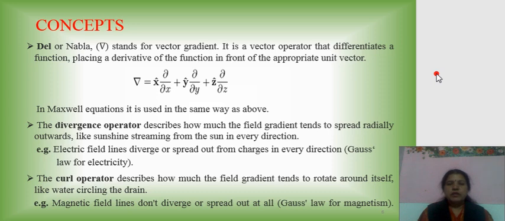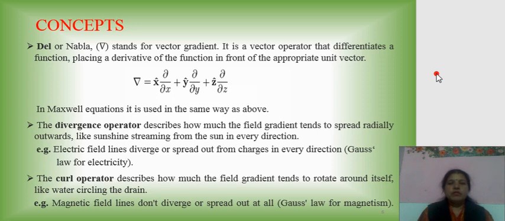That is used in Gauss law for electricity. What is the curl operator? The curl operator describes how much the field tends to rotate around itself, like water circling the drain. Example, magnetic field lines don't diverge or spread out at all. This is proved by Gauss law for magnetism. These concepts and these symbols we have to use in Maxwell's equations. What are these Maxwell's equations?